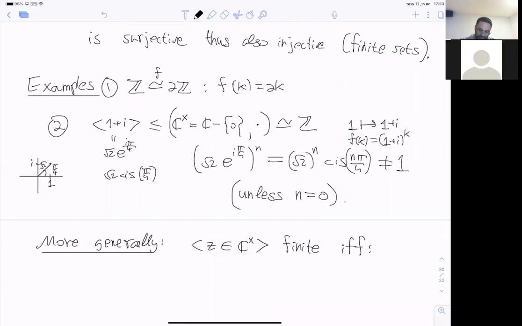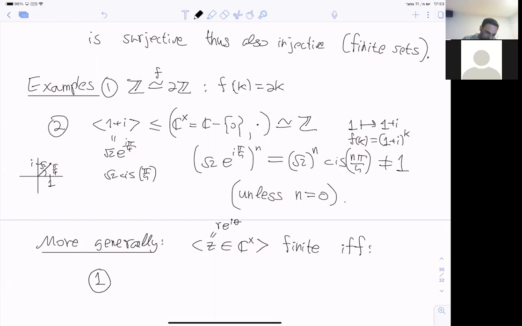What do you think will be the conditions in order that this group will be finite? Let us write z as r e^{i theta}. What are the two conditions under which this will be finite?